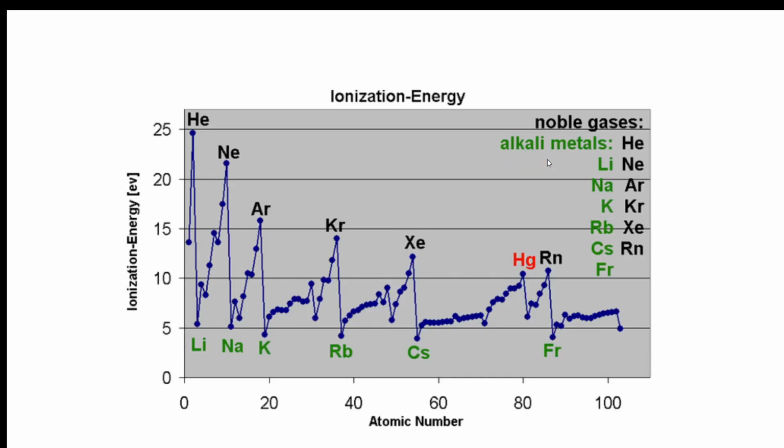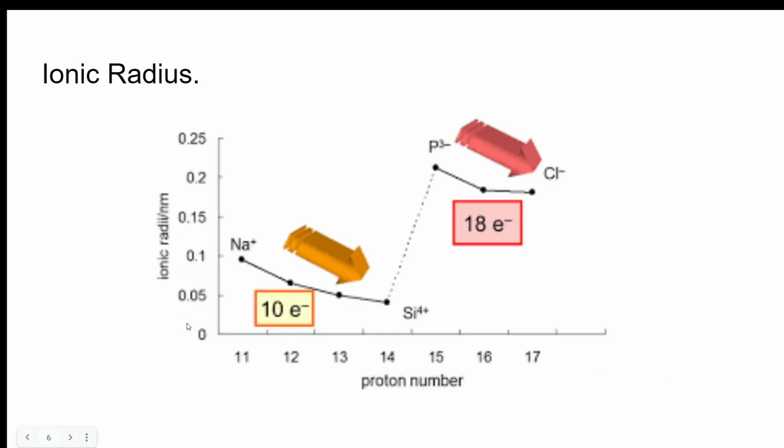Okay. The next is going to be ionization energy. And ionization energy is going to be highly tied to where the electron sits in the atom. So what I want you guys to notice here is that the things that have the lowest ionization energy also end up being the first things in their energy level.